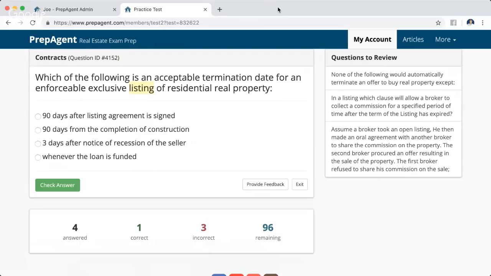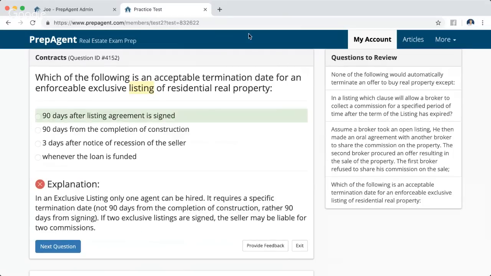Or D, whenever the loan is funded. Okay, it's 90 days after the listing agreement is signed.